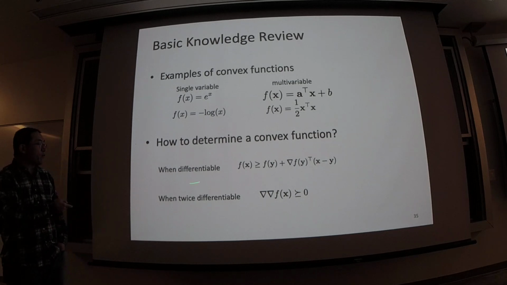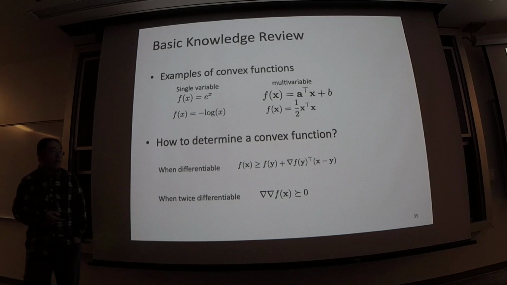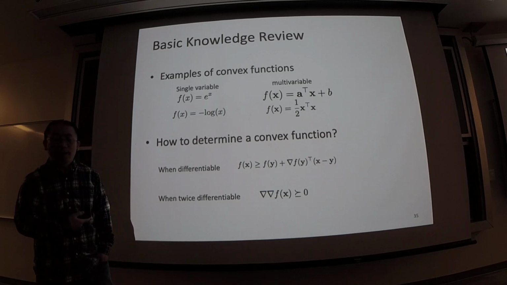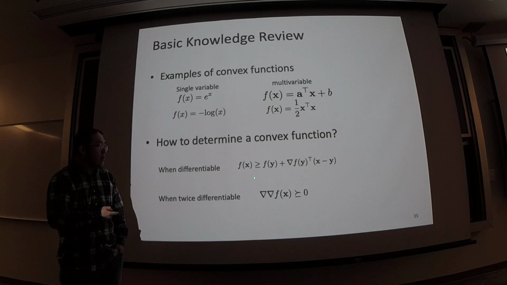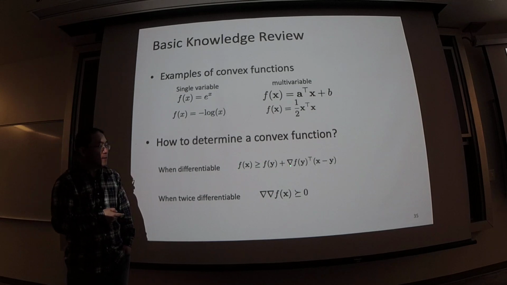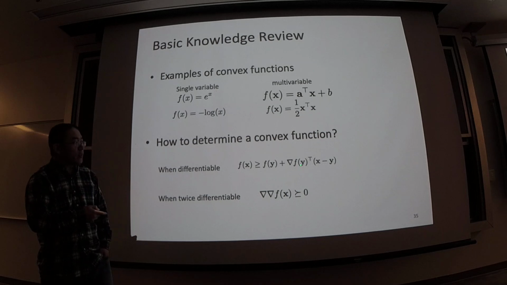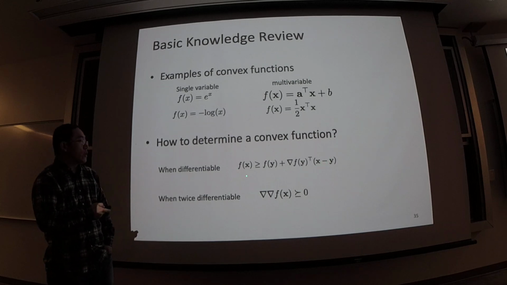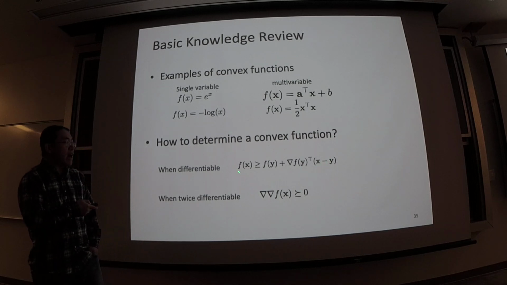If your function is differentiable, and you can show that for arbitrary 2 inputs x and y in your domain, f(x) is always bigger than or equal to f(y) plus the inner product between the gradient of the function at y and the difference x minus y, then we can conclude that f is convex.